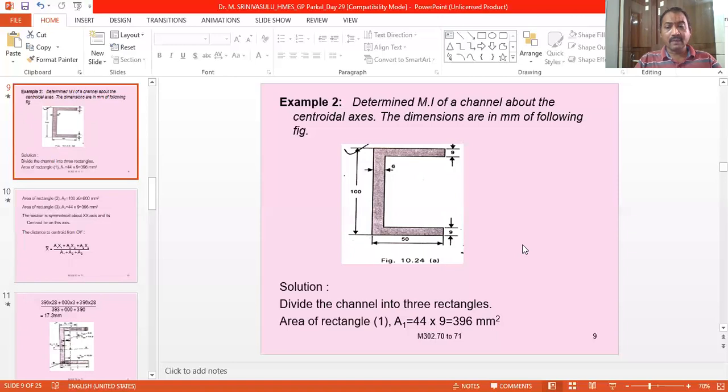So first of all we should define the reference axis, and then we have to divide the given figure into a number of known standard areas.